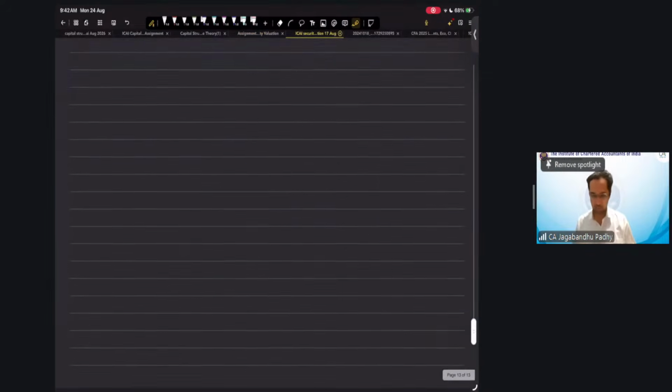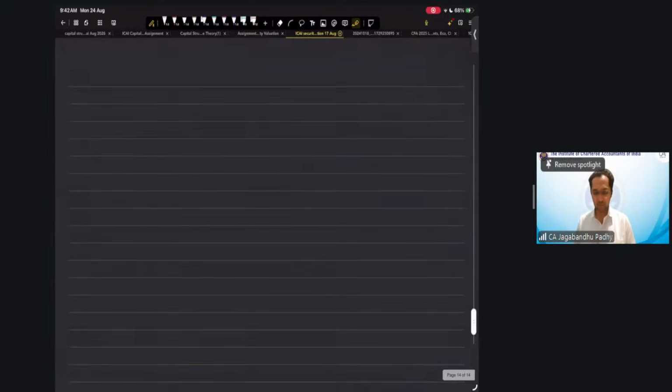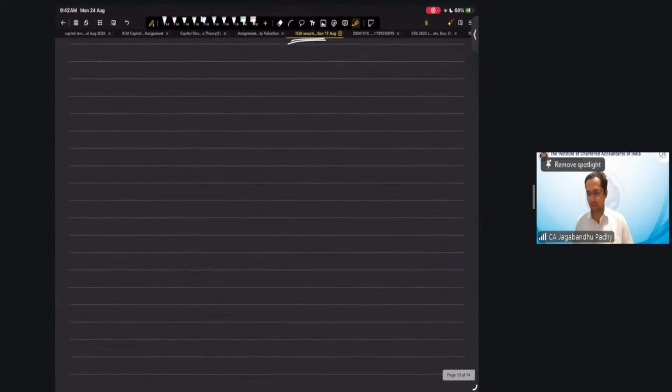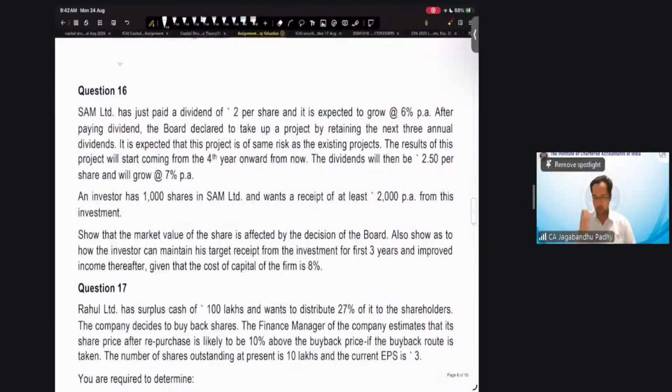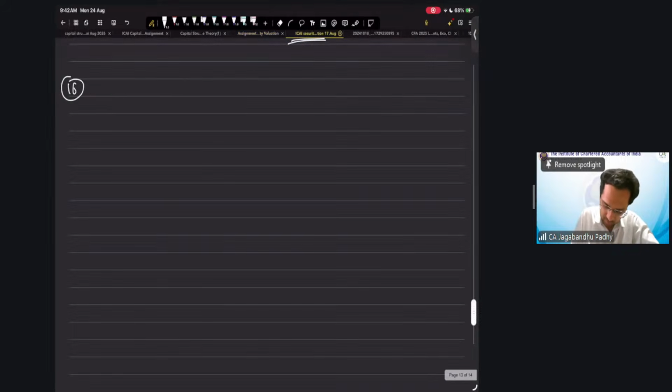Okay. So here we need to first calculate the value of the share at present. Currently it has paid a dividend of 2 and is expected to grow at 6%.